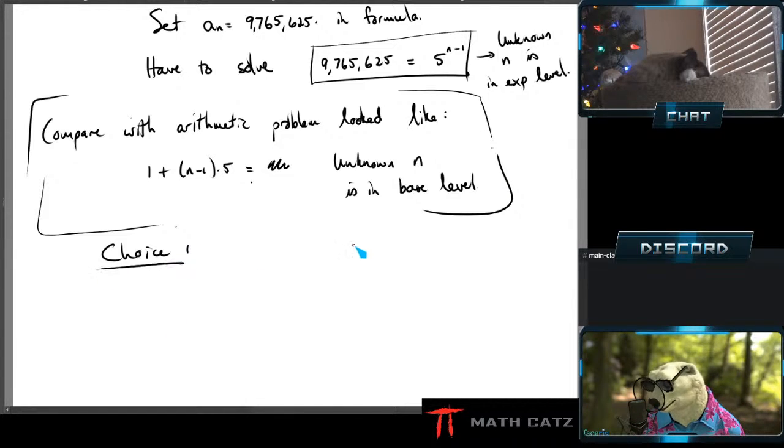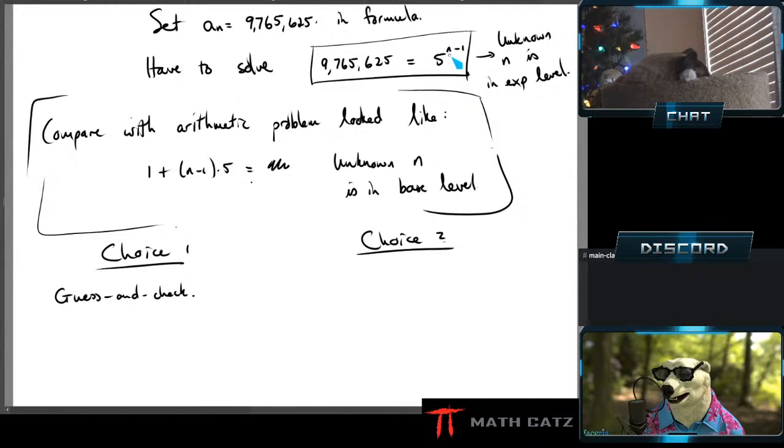I have two choices. Here's my equation. Equation doesn't change. First choice is guess and check. Luckily, we know that the value of n is the position that this term is in.